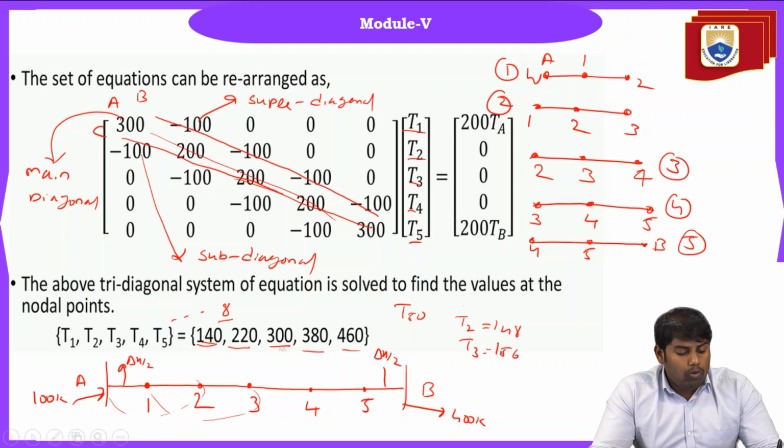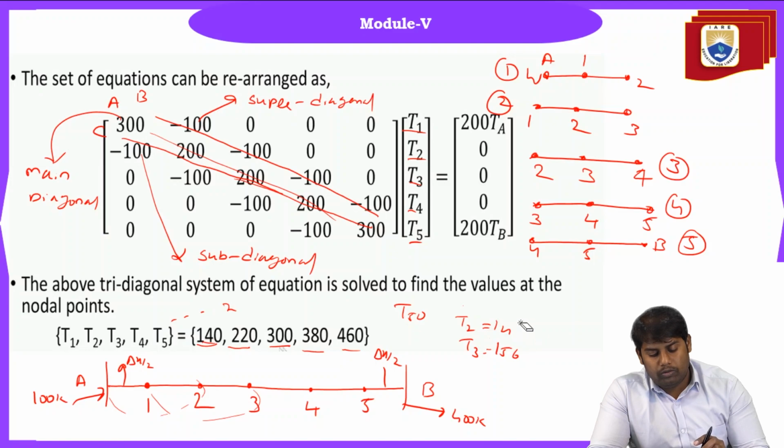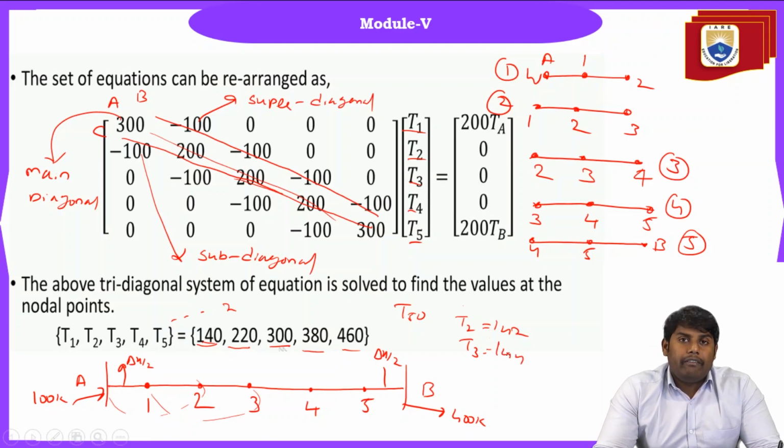So what's happening actually? The smoothness is starting to increase. When I take 100 points, the difference will become 4. When I take 200 points, it will become somewhat 2. In this sense, T1 is 140, T2 is 142, T3 is 144. So the profile with respect to x is drawn in a smooth curve nature.